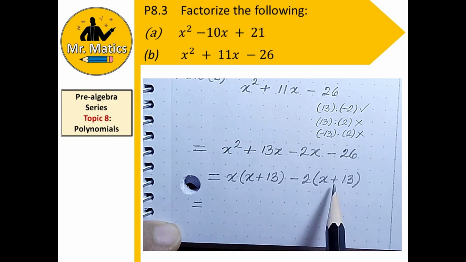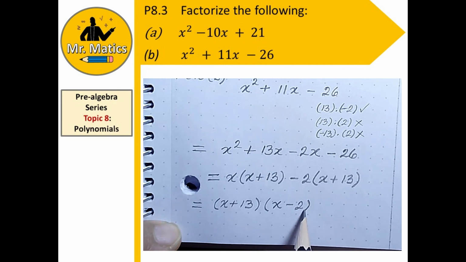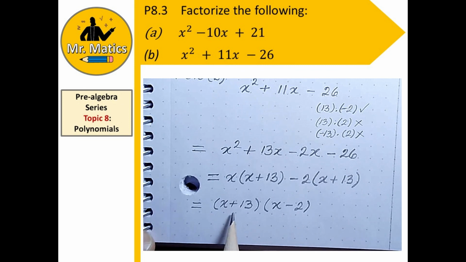So let's take the x plus 13 factor common. So you get x plus 13 times x minus 2, and these are your factors.